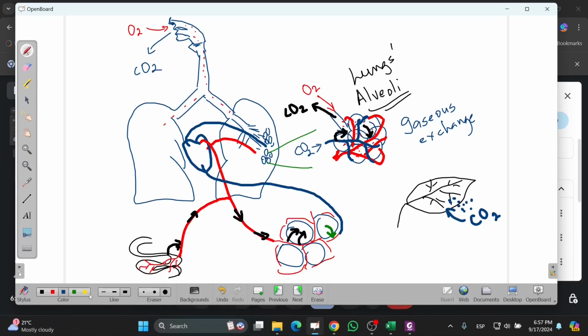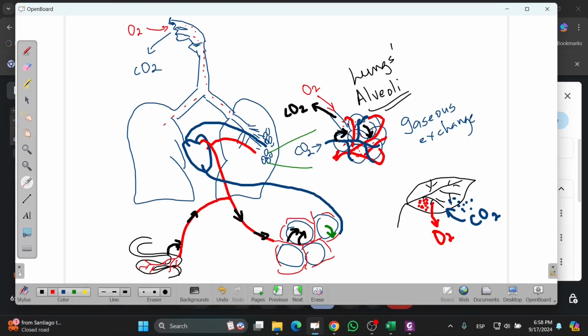At the same time, oxygen is produced during photosynthesis and oxygen comes out of the leaves also by diffusion, because there will be more oxygen than in that portion surrounding the leaf surface. Those are examples of diffusion in plants, and I would say that's an example of gaseous exchange also in plants.